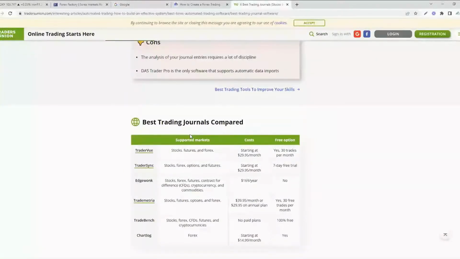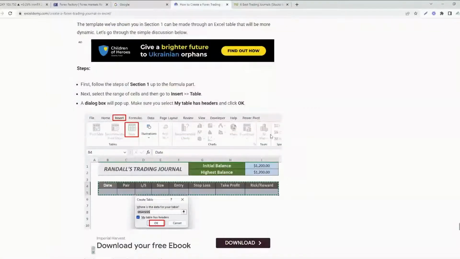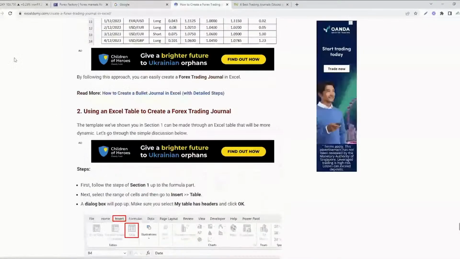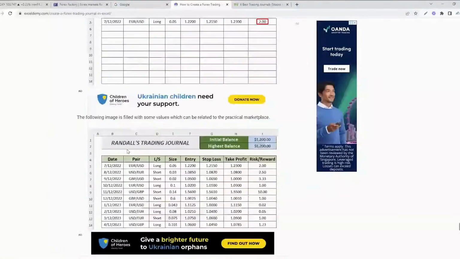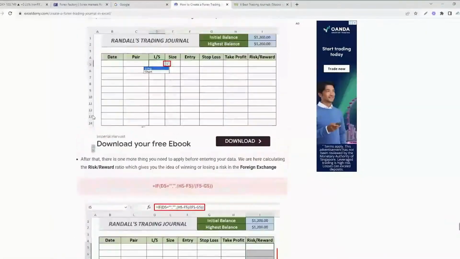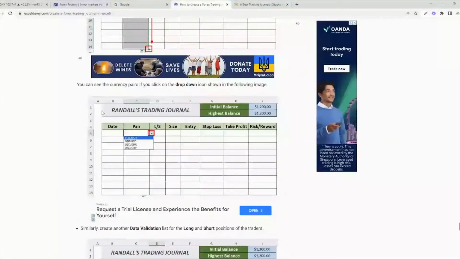So you can look through this, and also of course do your own Google search for any other updated journals that are available. And of course, this website here, Excel Dummy, also gives you a good head start on trying to create your own manual journal in Excel as well.